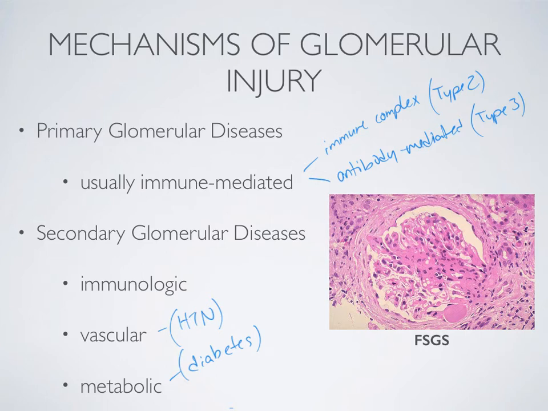You can see here that all of this extra dense pink is sclerosis. It's scar tissue. It's extra collagen that's been laid down as the mesangial cells have been activated because of an immune-mediated process.